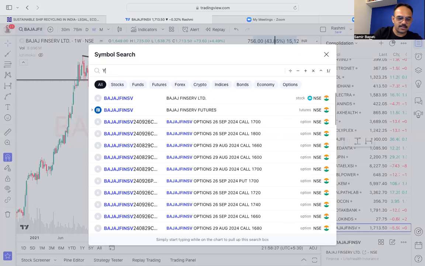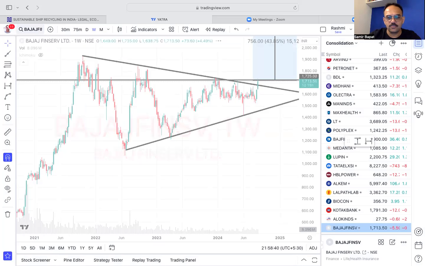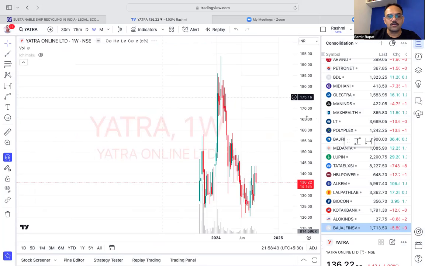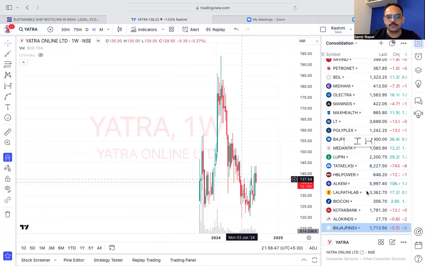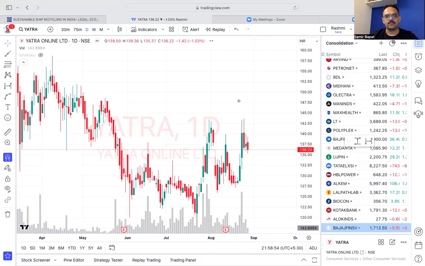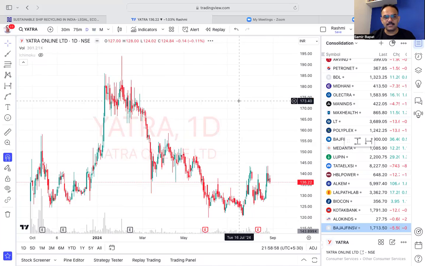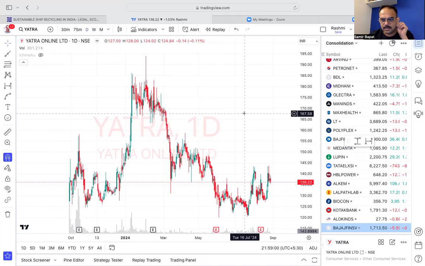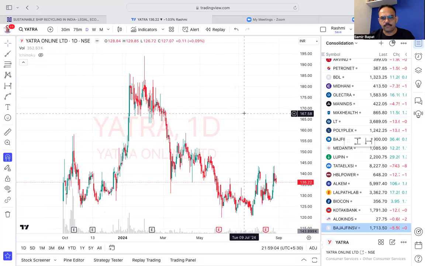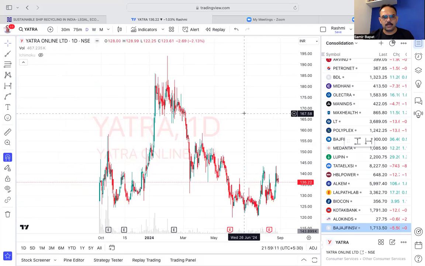Okay, so let's go to Yatra online. So let's say Yatra online limited. Is there any pattern in this on daily? Jitin, what pattern is there in this? Maybe trend line consolidation break, I think he's looking for.